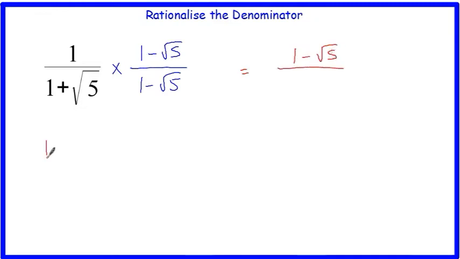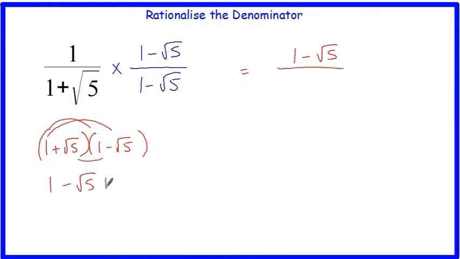Watch what happens when I multiply this. You're going to get 1. It gives me minus root 5 plus root 5 minus 5. And these disappear. The minus root 5 and the plus root 5 disappear to give you 1 take away 5 is minus 4.